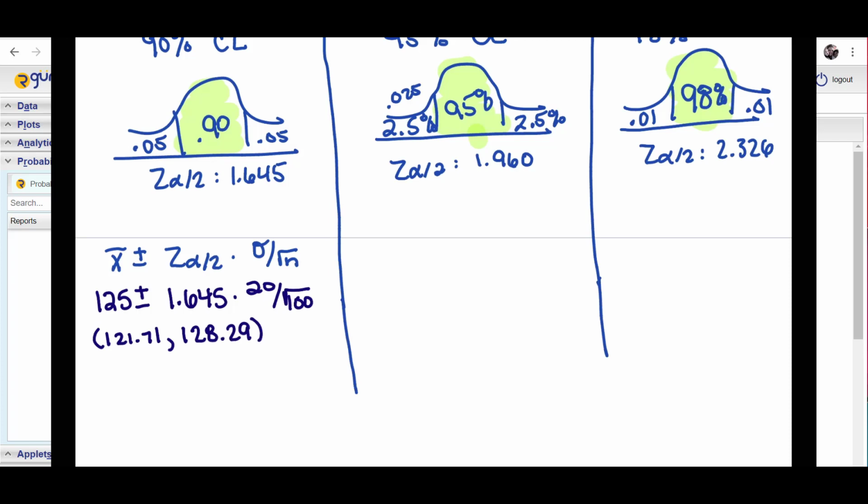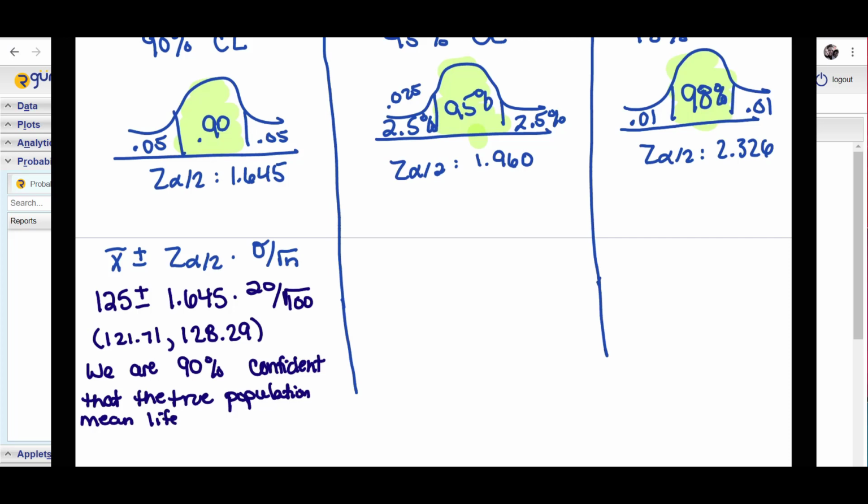So we would say, let's just write this out, we are 90% confident that the true population mean, and in context, this is the mean lifetime of electronic components, is between 121.71 hours and 128.29 hours.